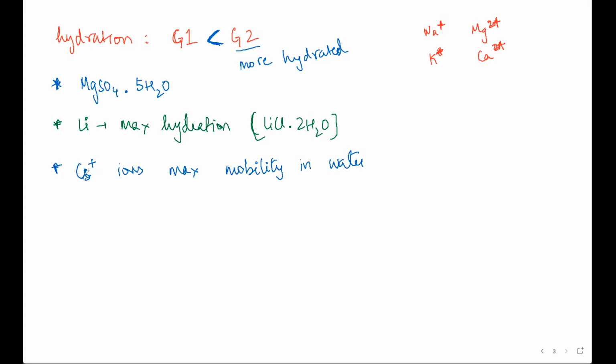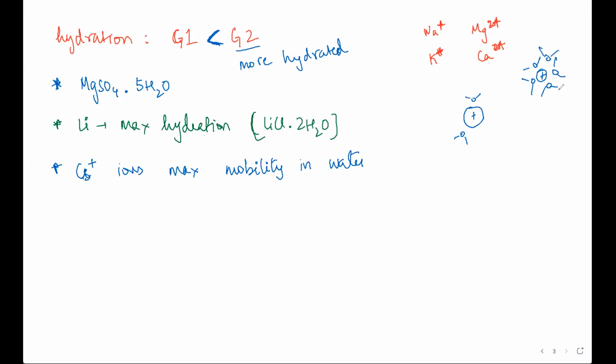Cesium cations are not very much hydrated, so they are not bogged down by all the water molecules surrounding them. Imagine lithium to be surrounded by all the paparazzi. It's got water molecules all around it.